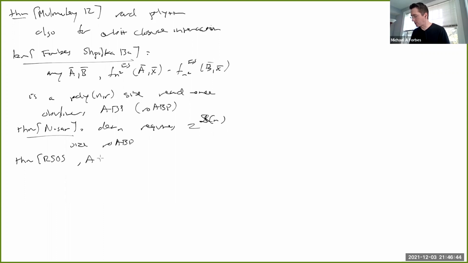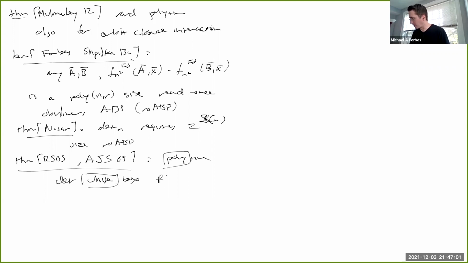And indeed, Raz and Shpilka in 2005, and a different result of Arvind, Joglekar and Srinivasan in 2009, showed that there's a polynomial time deterministic white box PIT algorithm for read-once ABPs.